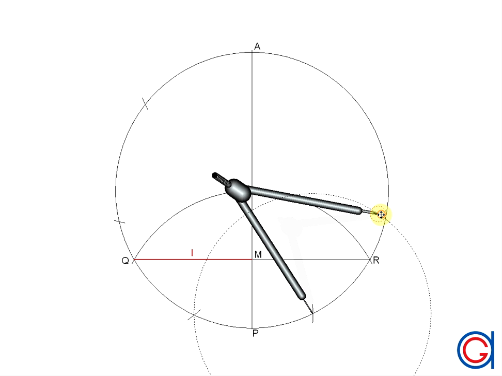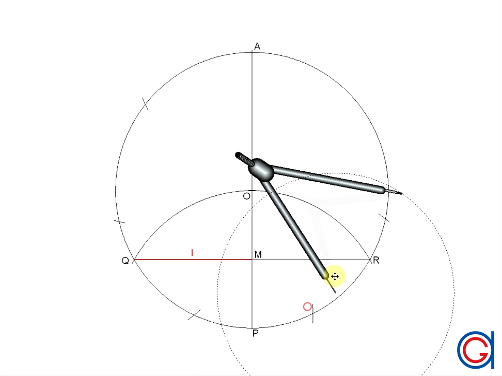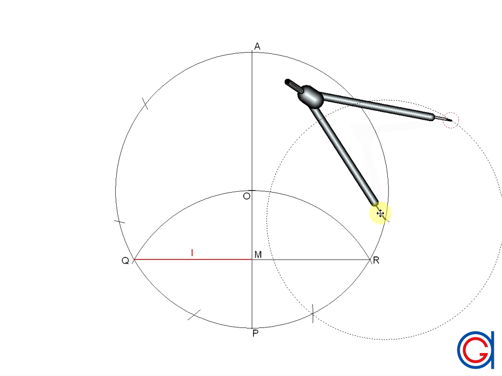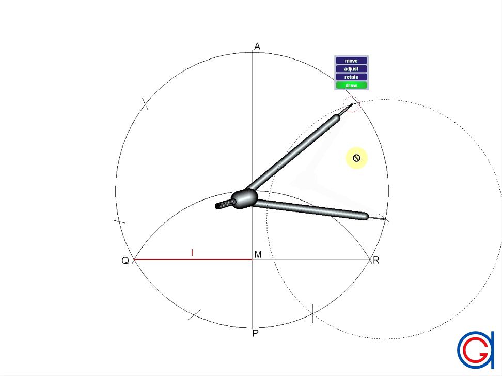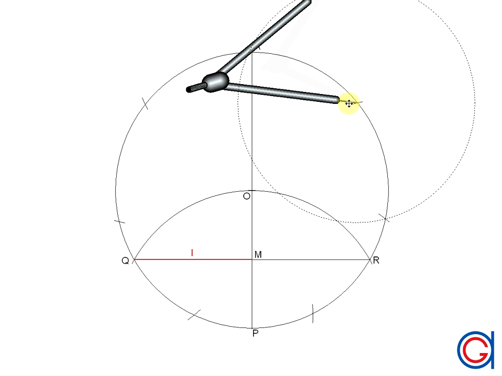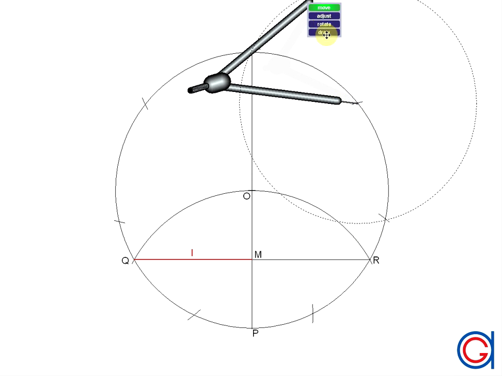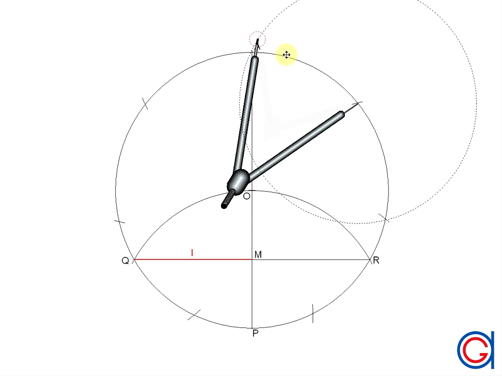This is our fifth. And if we have been working with precision and accuracy up to this point, this is our sixth arc. And now our seventh arc should cut A exactly, if we have been working with accuracy, as can be seen here.